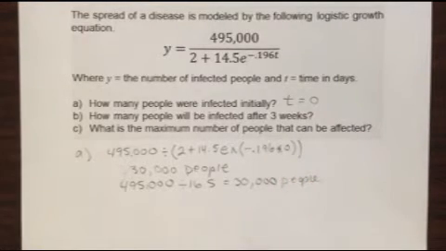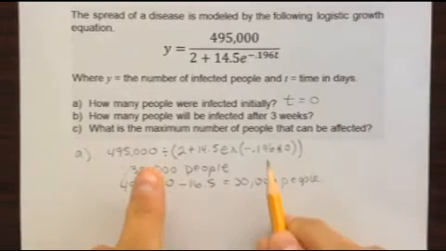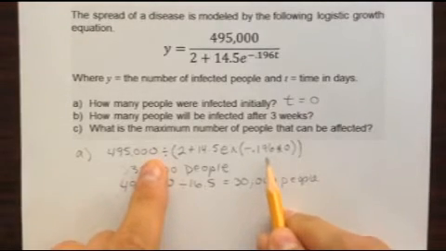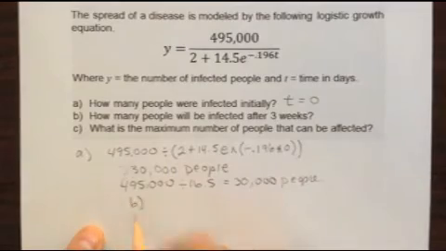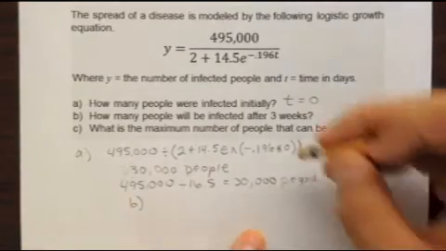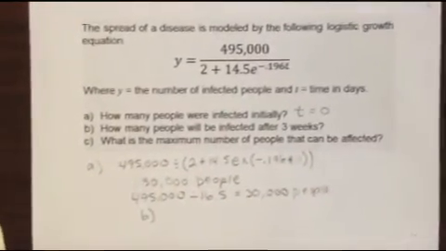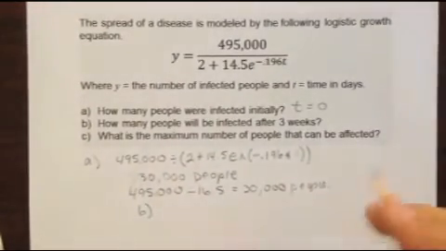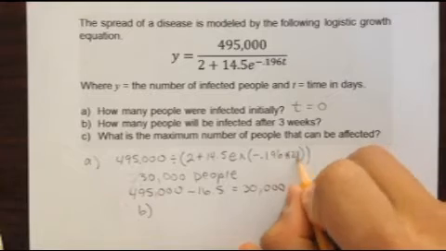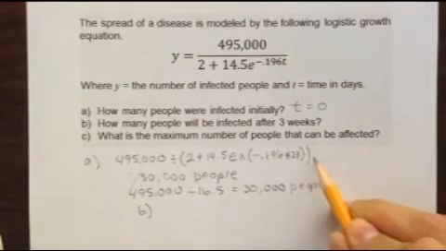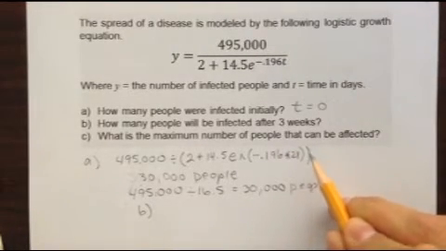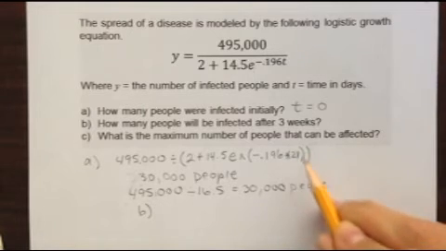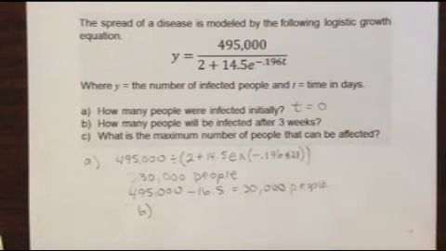Now the next part says how many people will be infected after 3 weeks. So you're going to use the same expression you use right here, exactly the same for part B, except you're going to replace this 0 with a 21. So go into there now and put a 21 in place of that right there. And what you really should do is just hit your back button and go up and delete these last few things, including the 0, and put a 21 and put them back in again.